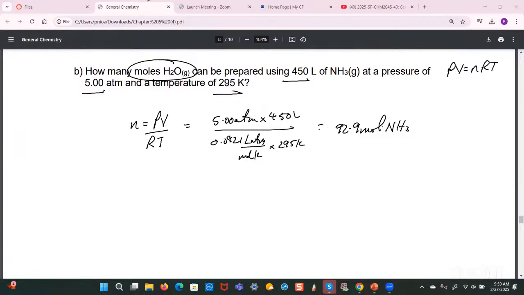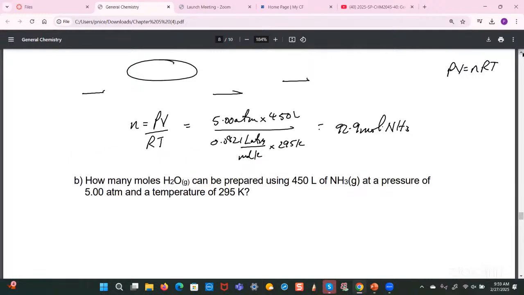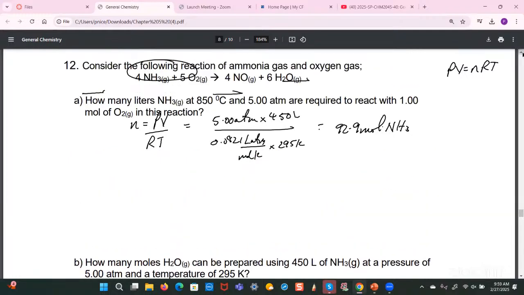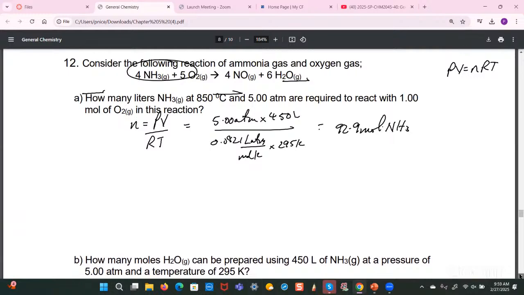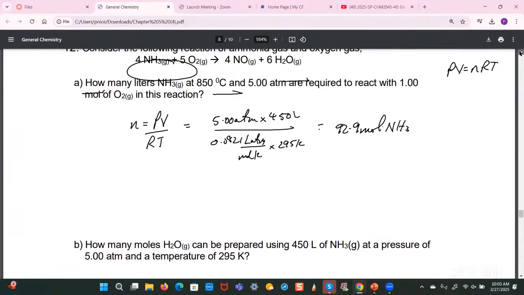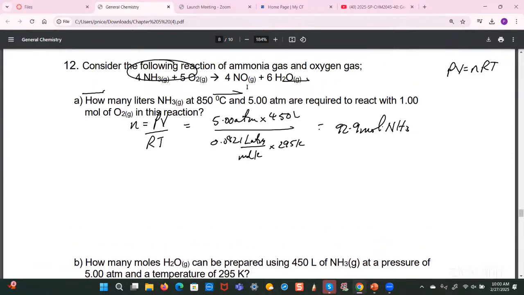So according to the equation, let me back up, scroll back up here. According to the equation, the mole ratio between the water and the ammonia is 6 moles of water for every mole of ammonia, right? I'm sorry, 6 moles of water for 4 moles of ammonia.